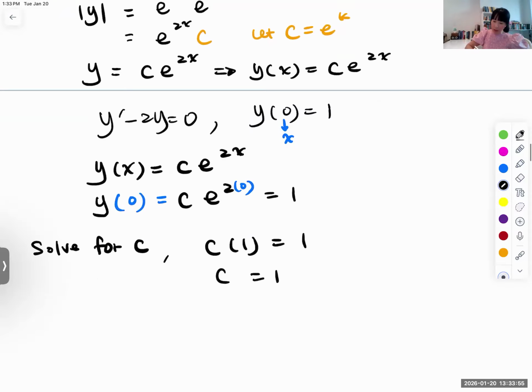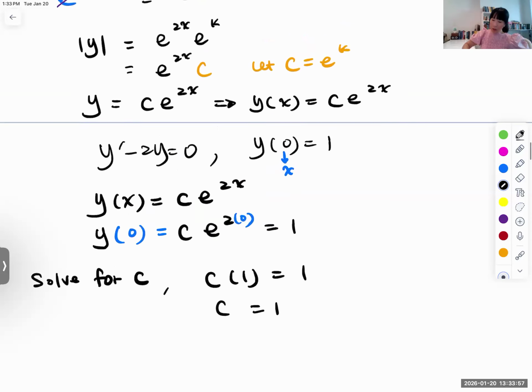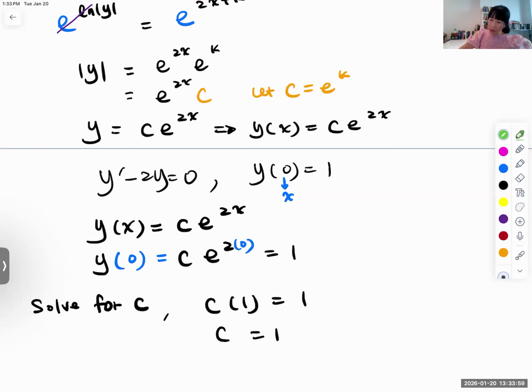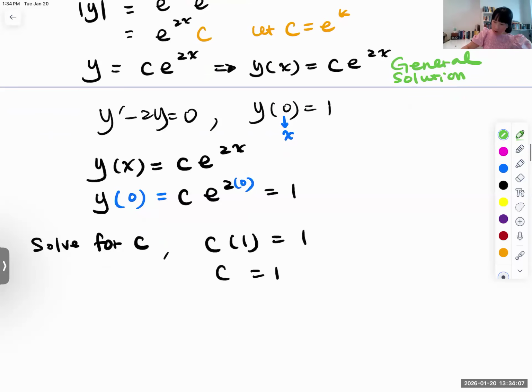Okay, so this is, let me write down the general solution. And if we have y of x and 1, we don't have to write down, so e to the 2k.